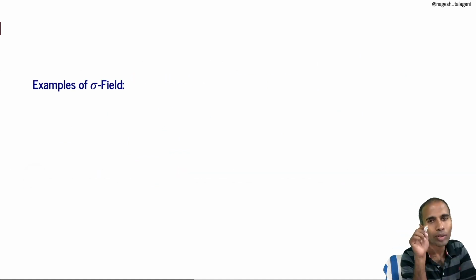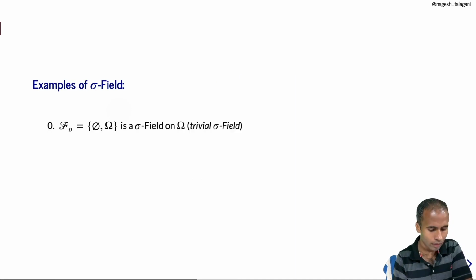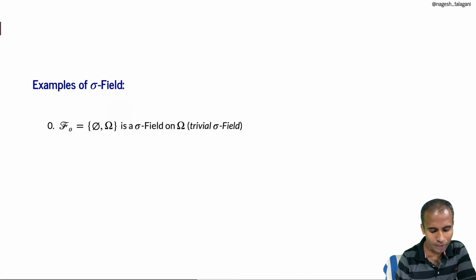Now let's look at some examples of sigma fields. The first one, script F naught, is a collection consisting of just two sets. One is the empty set, the other is the whole set omega. This is going to satisfy the three conditions. First, condition 1, the empty set is there.